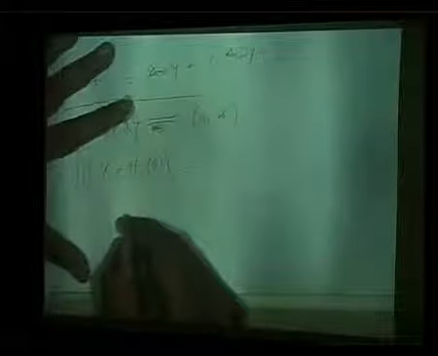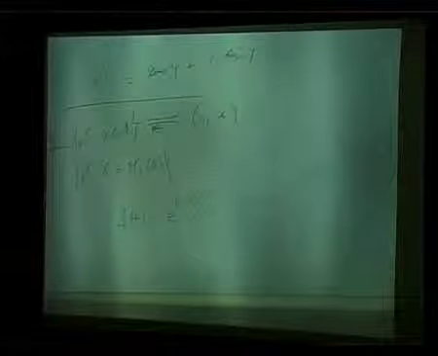So, see, for example, if I look at f of t equals e power t times x, where t is a number in [0, 1], this is a path of matrices.